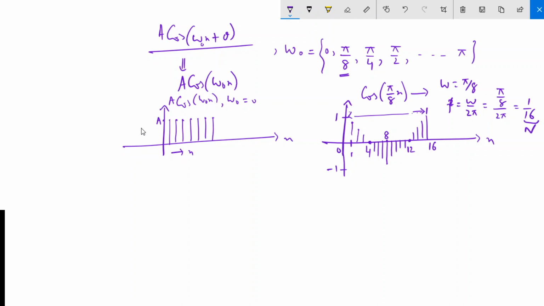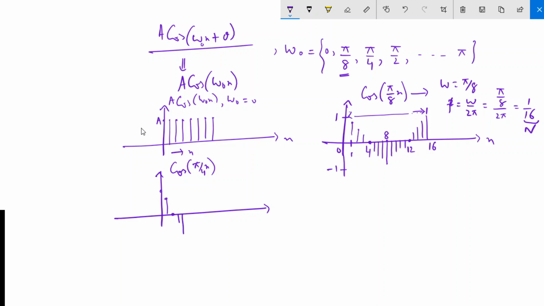So the rate of oscillation is now increasing as you increase the frequency. For cos of pi by 4 n, you will get 0 when n is equal to 2, because it becomes cos of pi by 2. So at 0 you are getting a 1, then at n equal to 1 you are getting a non-zero value, and at n equal to 2 you are getting a 0.